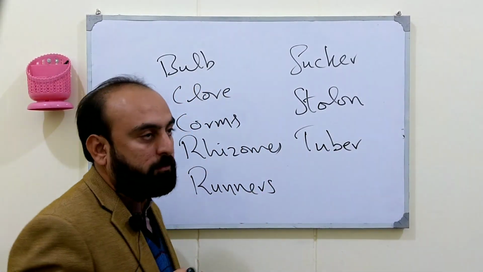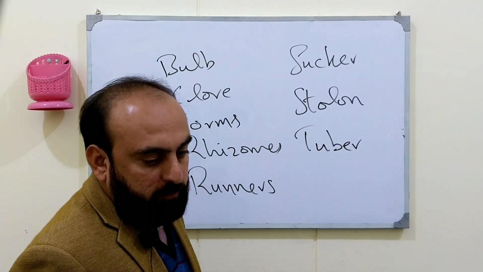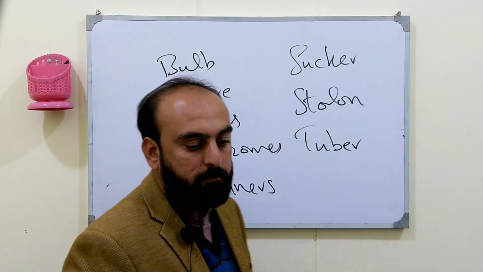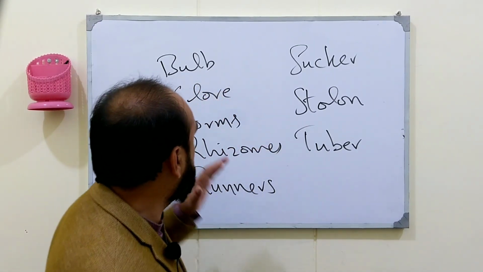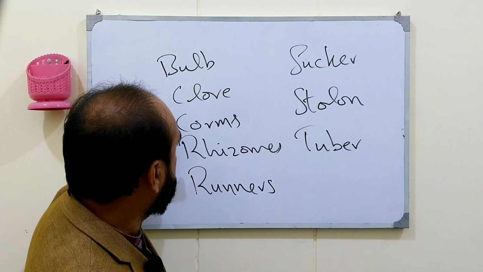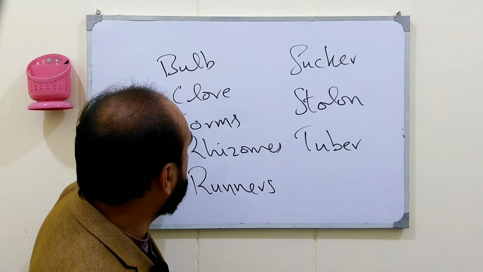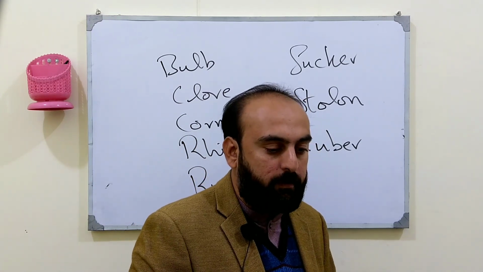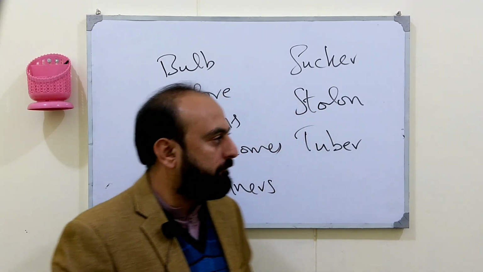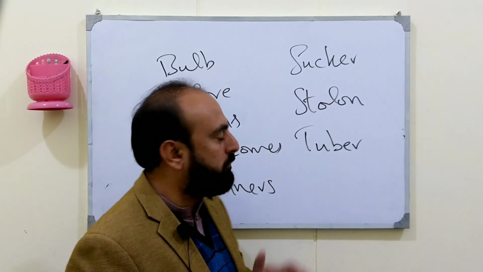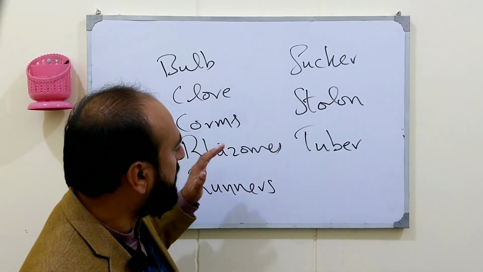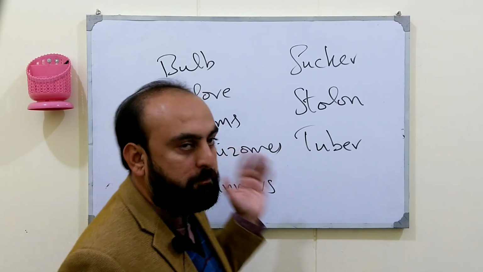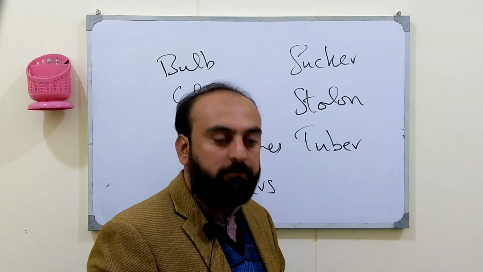An example of a stolon is Bermuda grass, and an example of a tuber is potato tubers. So these are different modified forms of stem which can be present underground and which act as food reserves and as a means of reproduction or survival.